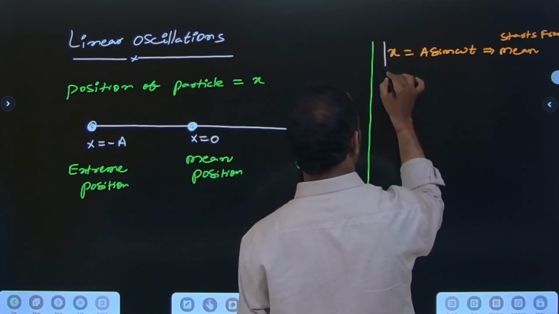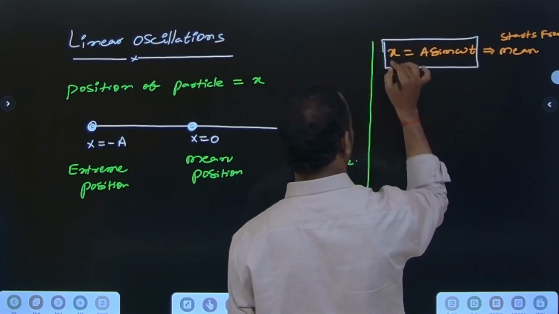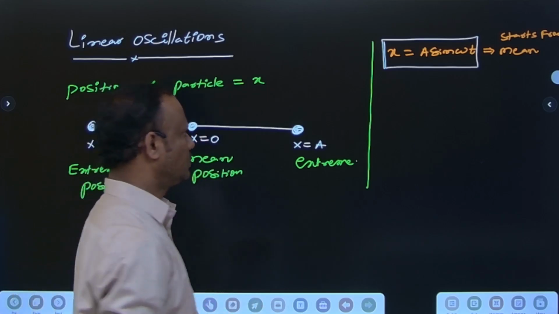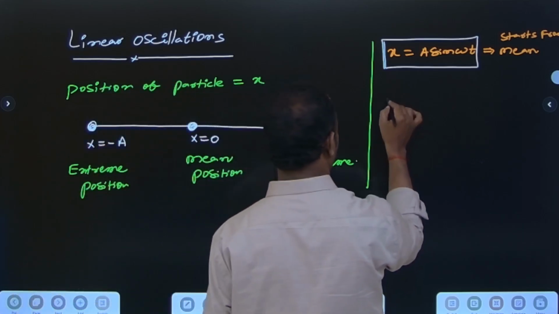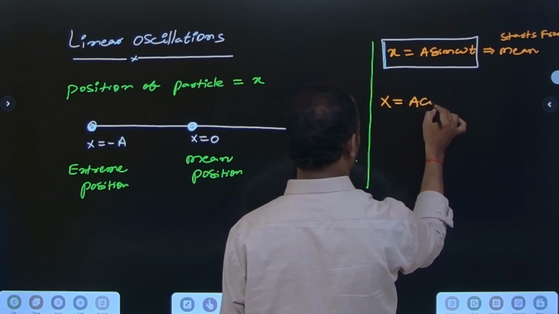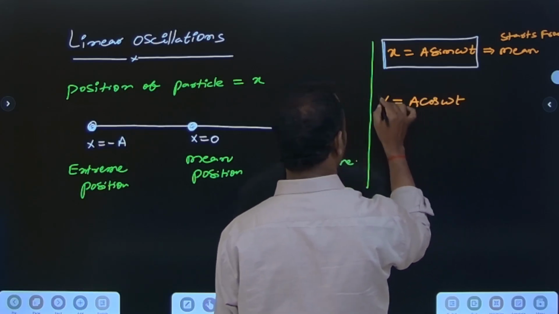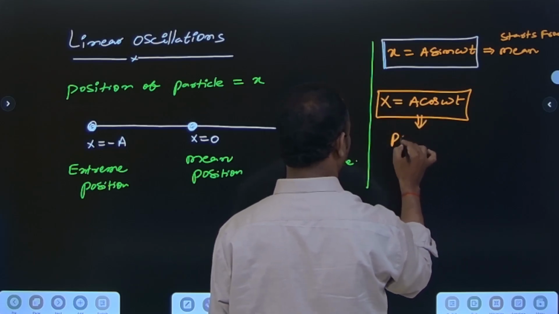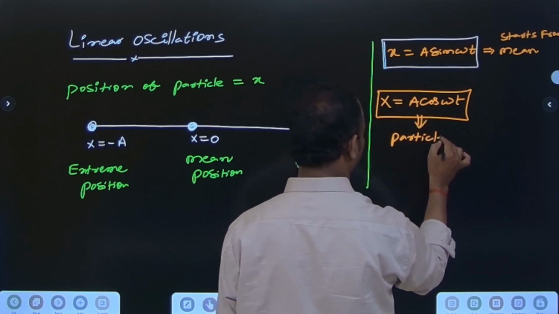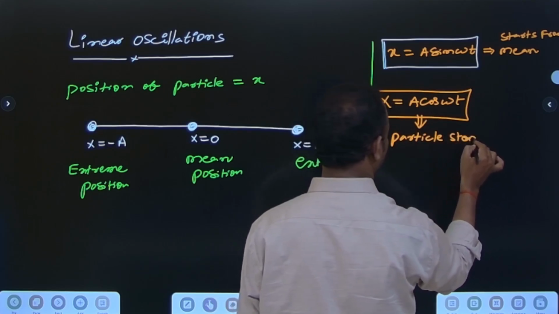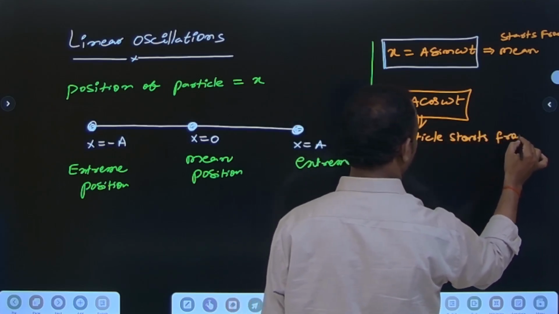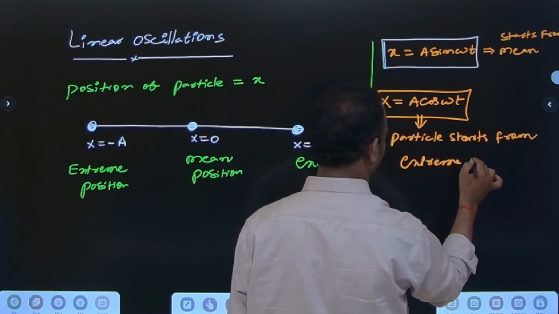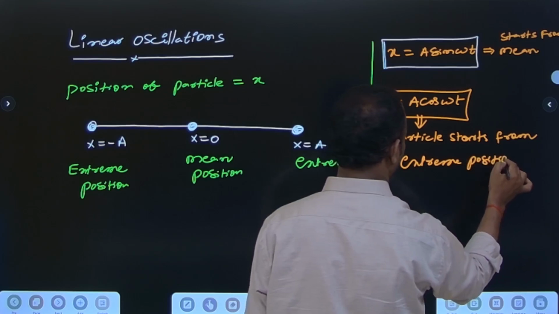When we use x equals A sine omega t, the sine function, the particle starts from the mean position. If it is here, x equals A cos omega t. So when do we say x equals A cos omega t? Whenever the particle starts from the extreme position.